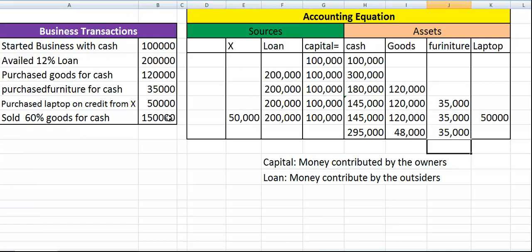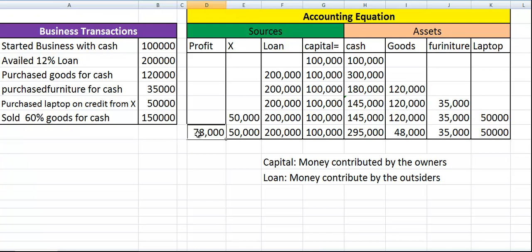No change in the furniture, no change in the laptop, no change in the capital, no change in the loan, but a new item called profit will come into the picture, and the profit is equal to 150,000 minus 0.60 of the goods purchased. How much did you purchase the goods for? The goods that you purchased were 120,000, so you made a profit of 78,000.